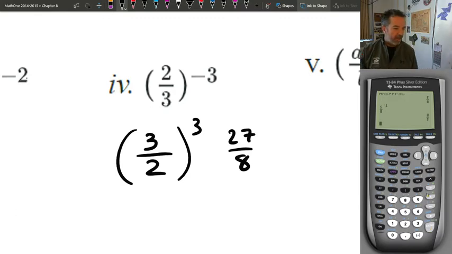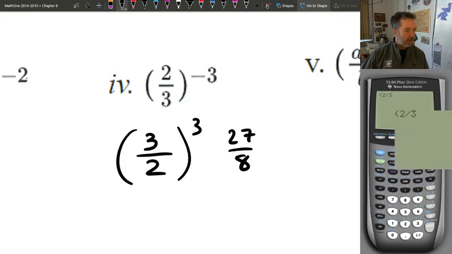And I'm going to call in the referee here and look at this on my calculator. So I'm going to go 3 divided by 2. But I want that to look like a fraction, so I'm going to kick it into a fraction. And now that I have it as a fraction, I'm just going to hit raised to the -3rd power. Oh, I did this wrong. The original problem was 2/3. I need 2/3. So 2 divided by 3.